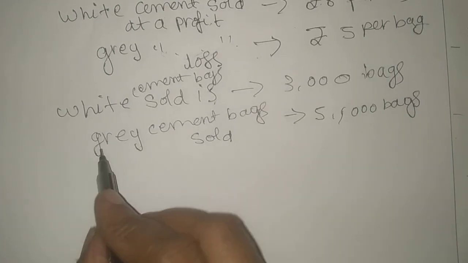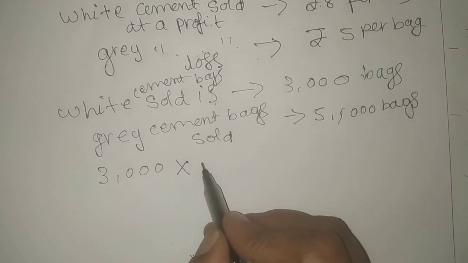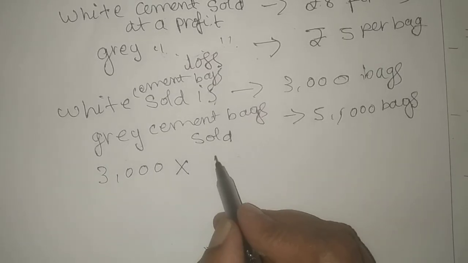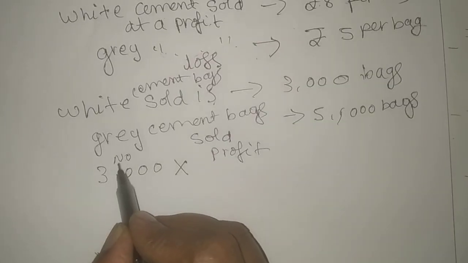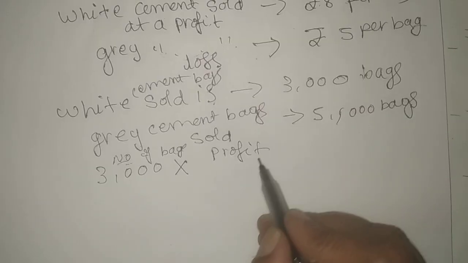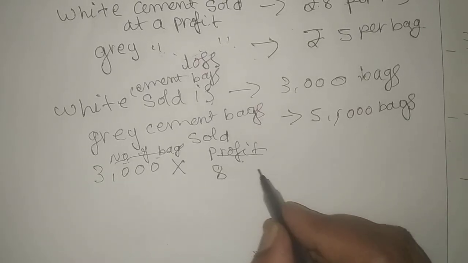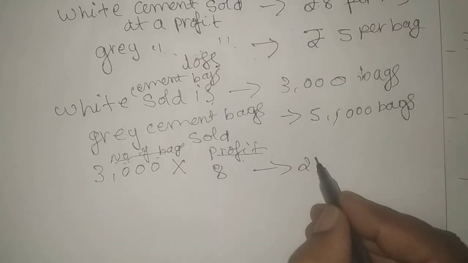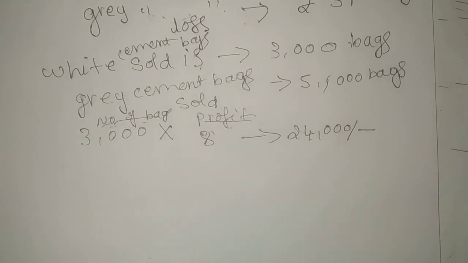Therefore, take white cement, that is 3000 bags, into the profit. Profit is the number of bags multiplied by the profit, which is 8 rupees. So multiply these two, we will get 24,000.